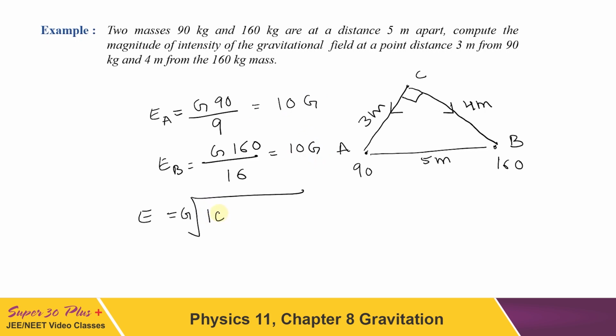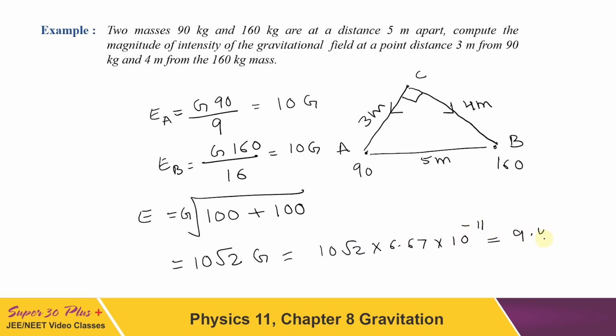So we have to write the square root of 100 plus 100, that is equal to 10 root 2 G. If I substitute the value of G here, this will come out to be 10 root 2 into 6.67 into 10 to the power minus 11. That is equal to 9.43 into 10 to the power minus 10 Newton per kg. So this is the resultant intensity at C due to the masses A and B.